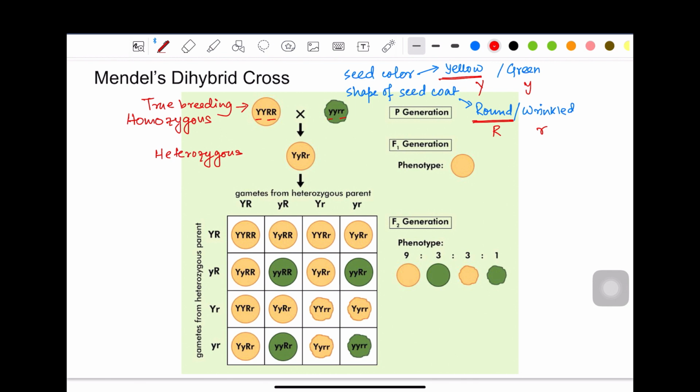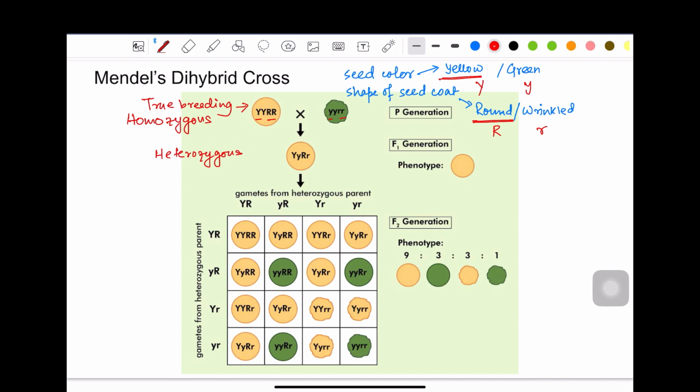So it has both alleles of round and wrinkled, and both alleles of yellow and green. But since yellow is dominant over green, only yellow color is expressed, and since round is dominant over wrinkled, only the round seed coat shape is expressed. So all the F1 progenies were yellow and round, but heterozygous genetically.